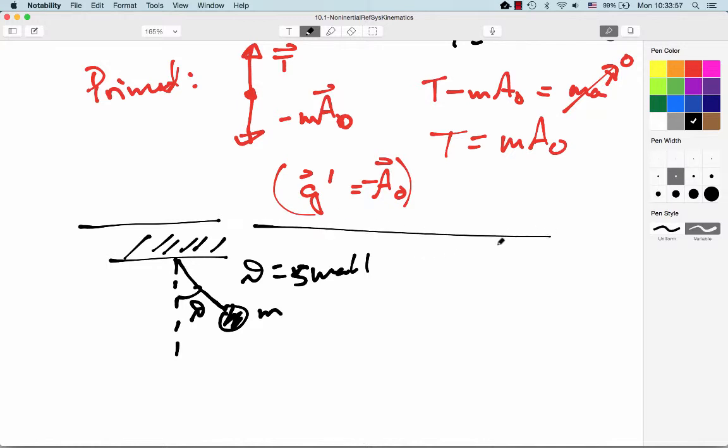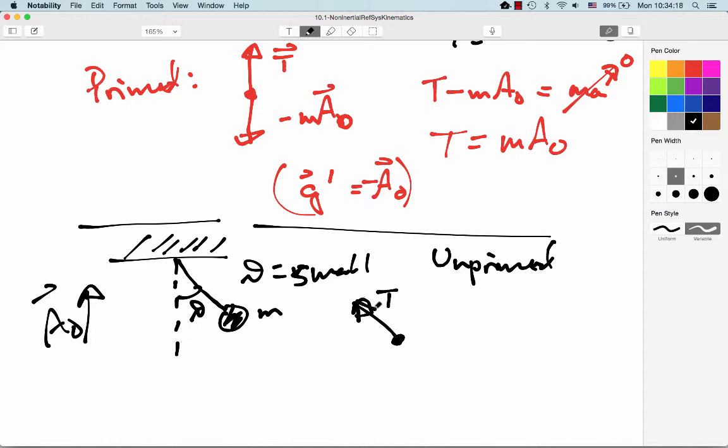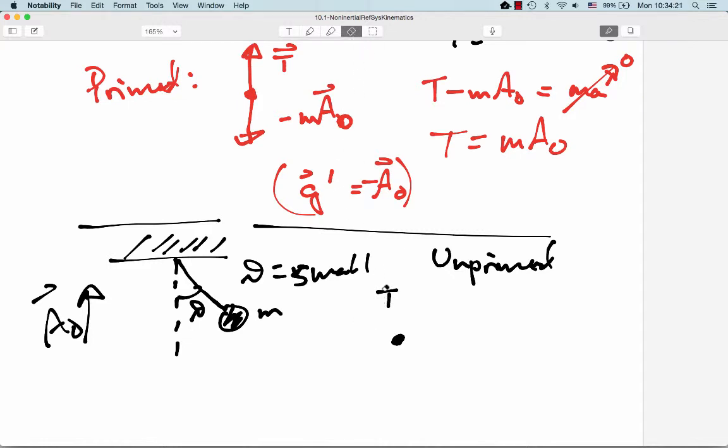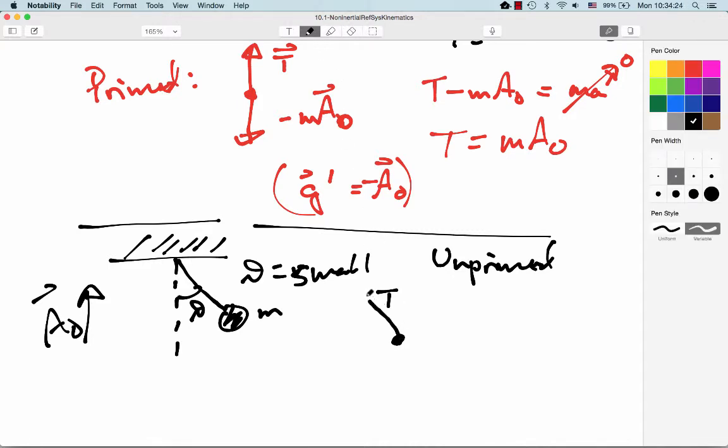Again, our unprimed observer would say this thing is accelerating upward at a naught. They would draw a free body diagram for the bob with the tension there, and break it into an x and a y component: minus T sine theta, and T cos theta.